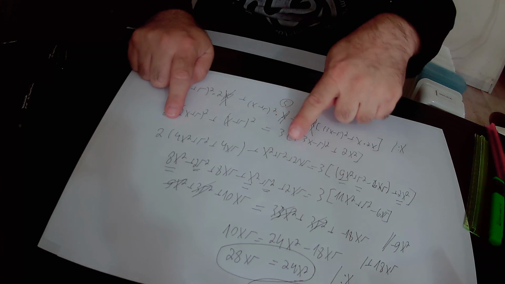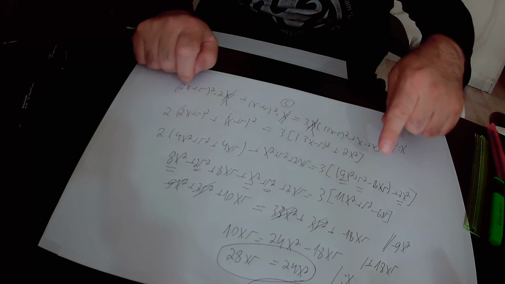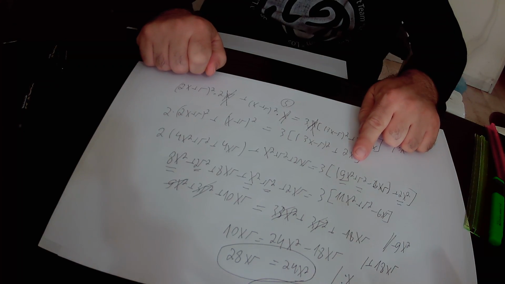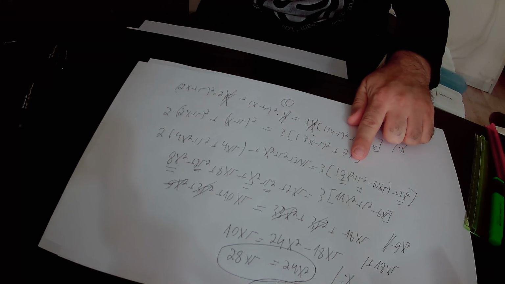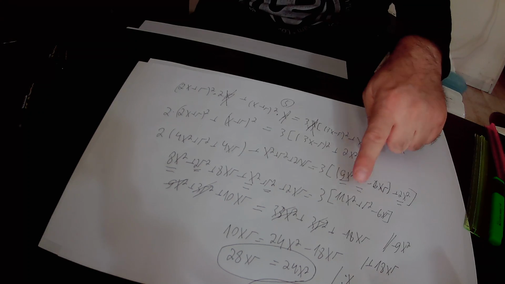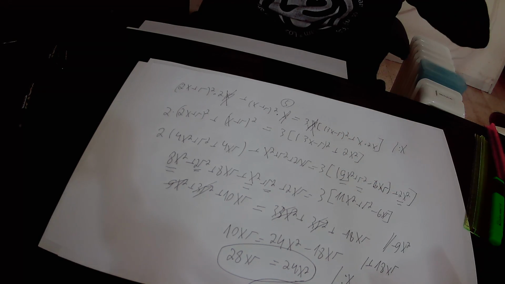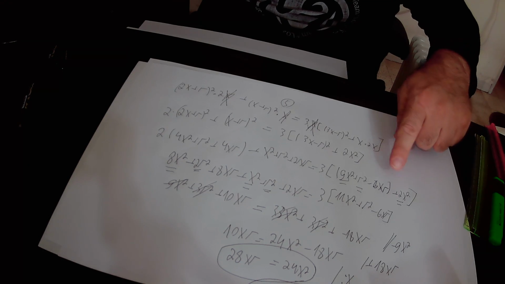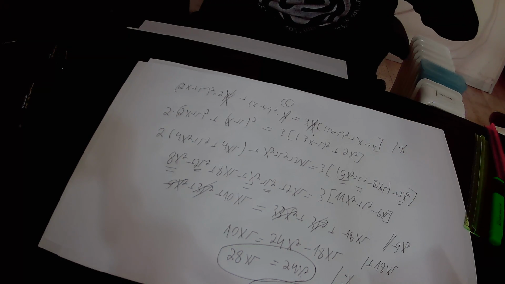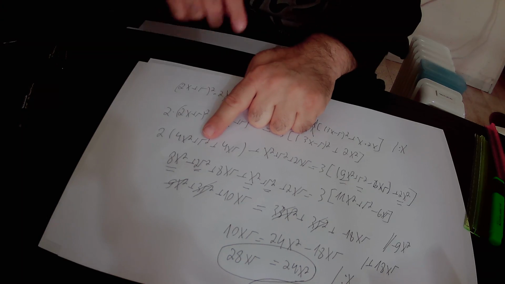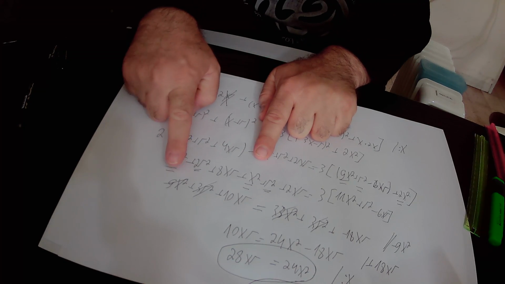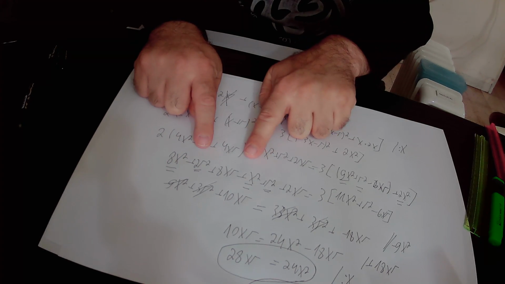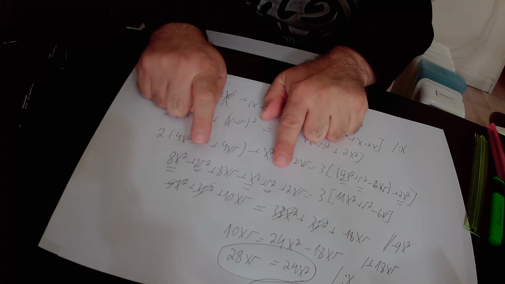Plus x squared plus r squared plus 2xr equals, inside the brackets, 9x squared plus 2x squared is 11x squared. And we also have r squared plus r squared minus 6xr. Then 8x squared plus x squared is 9x squared. 2r squared plus r squared is 3r squared.